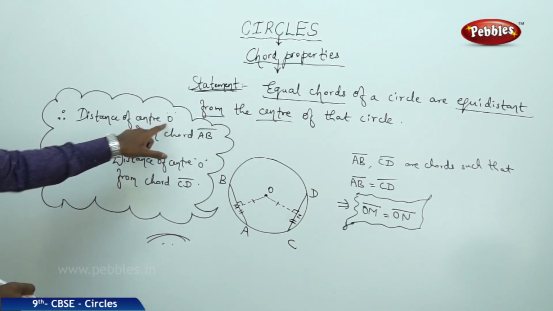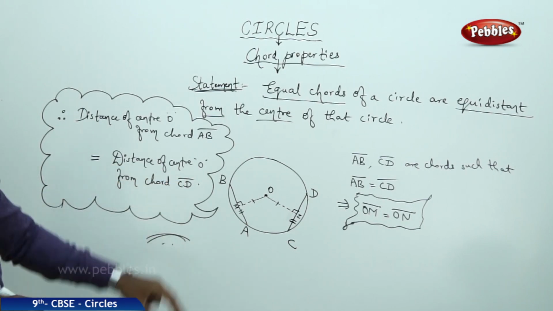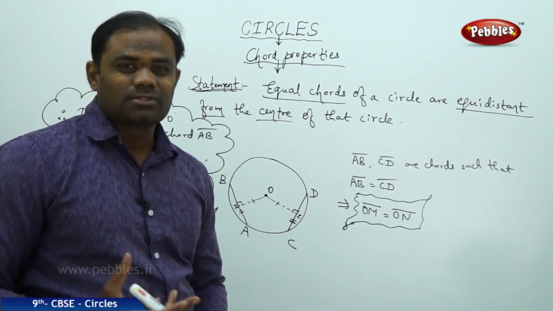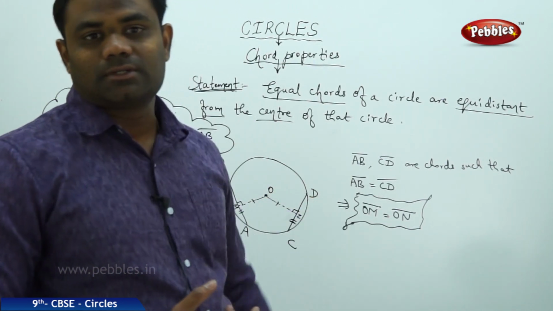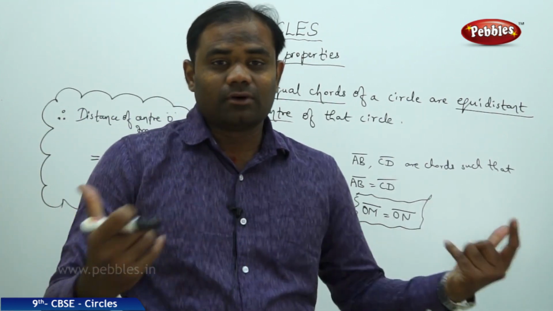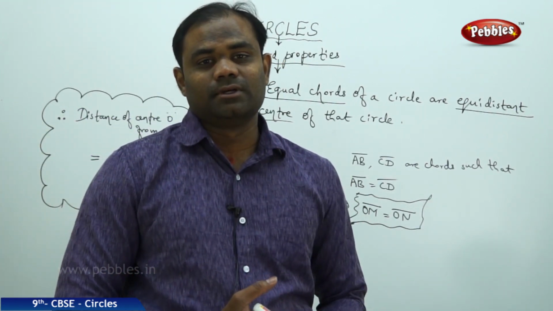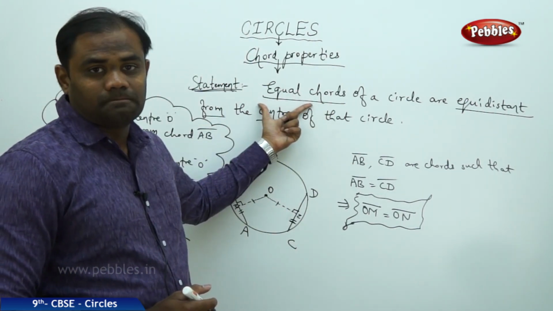The distance of the center from chord AB is equal to the distance of center O from chord CD, simply because the two chords are equal. AB equals CD. If the chords are not equal, then they won't be at equal distances. This property holds only when the chords are equal.